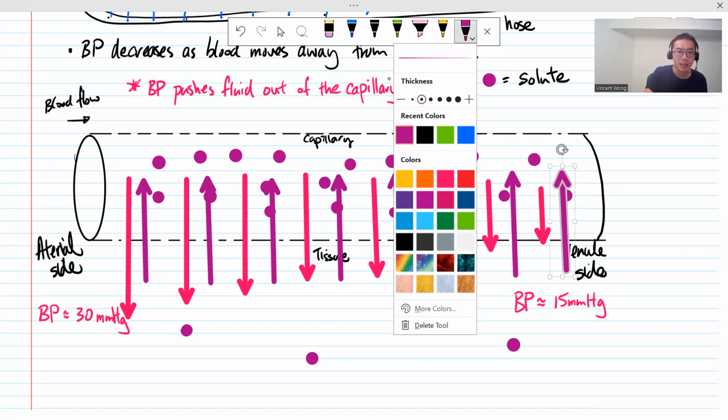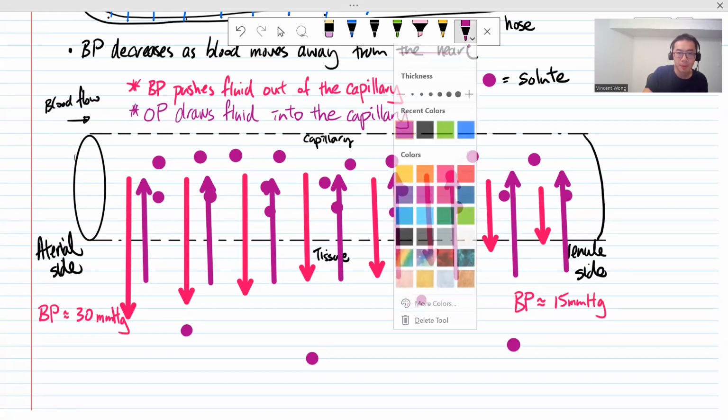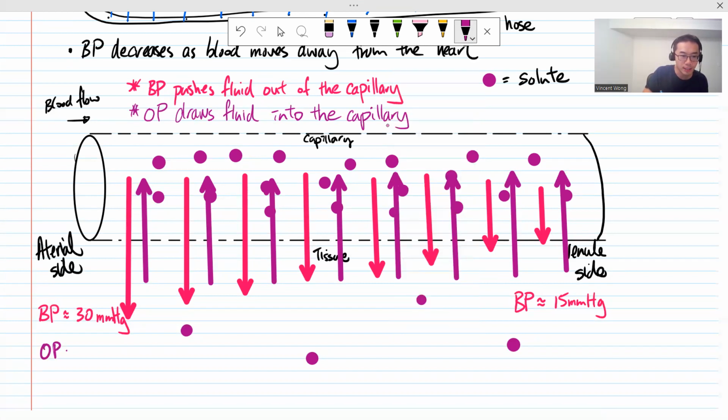Okay, so the key takeaway here is this. Osmotic pressure draws fluid into the capillary. And I'm going to put some numbers here for you. Osmotic pressure, if you measure it, is about 20 mmHg.